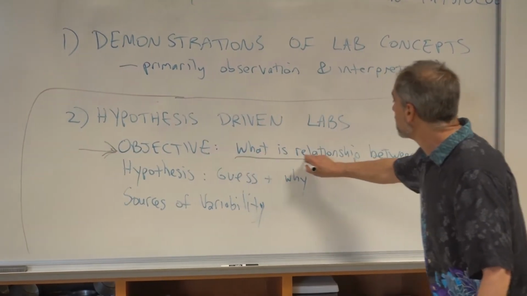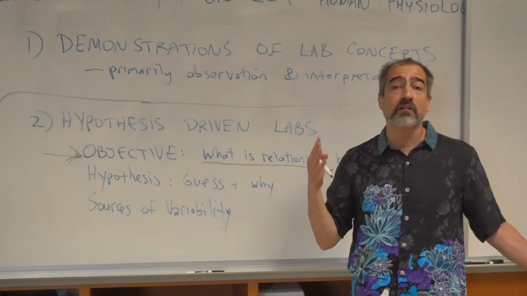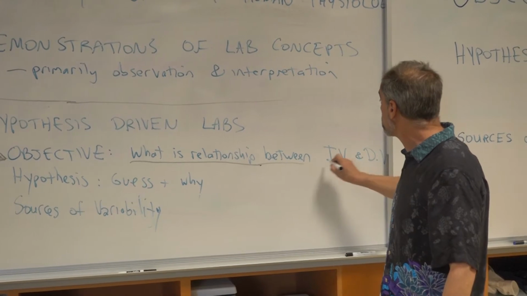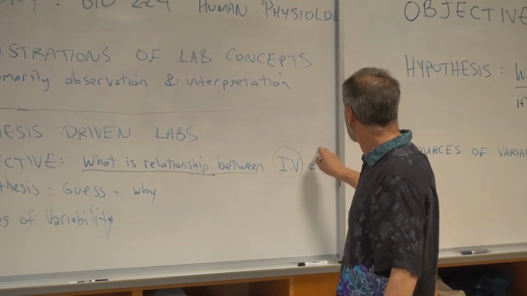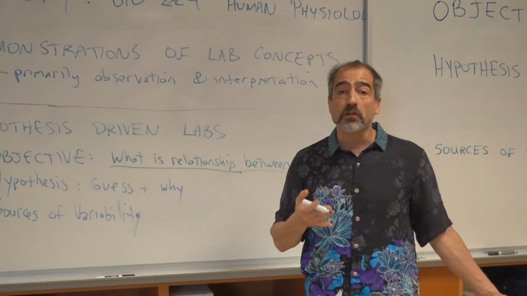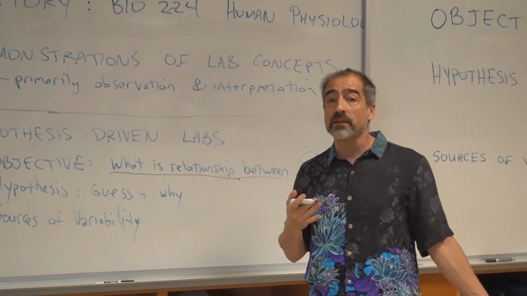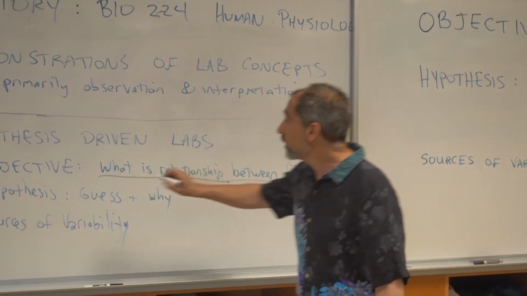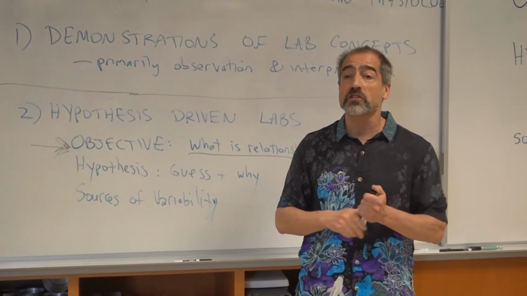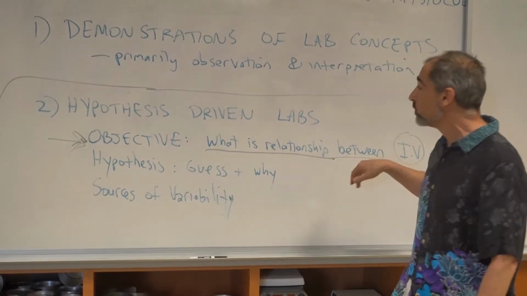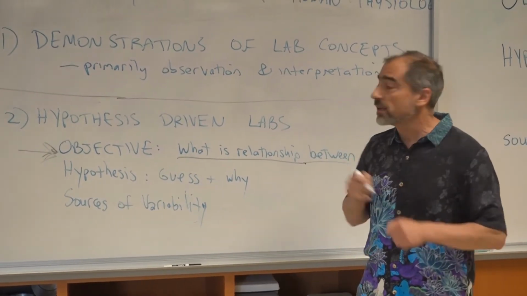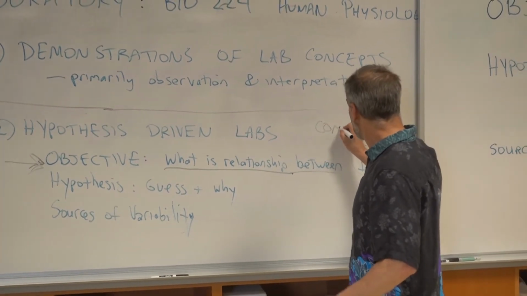The objective is always going to be a very simple, straightforward question: what is the relationship between the independent variable and the dependent variable? Again, we're going to be going so much more into independent and dependent variables. If your objective is not a simple, straightforward question between these two variables, then you've got to go back and write it in a very, I like to use the word, concise way.